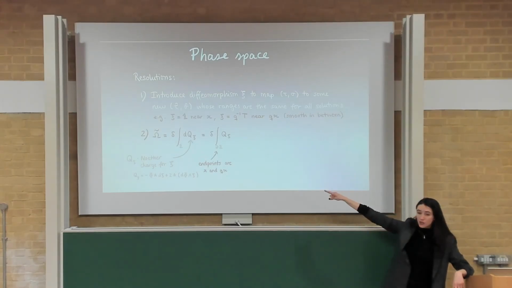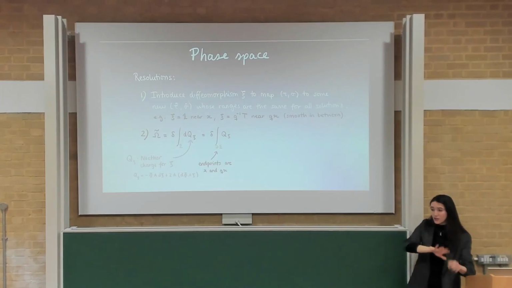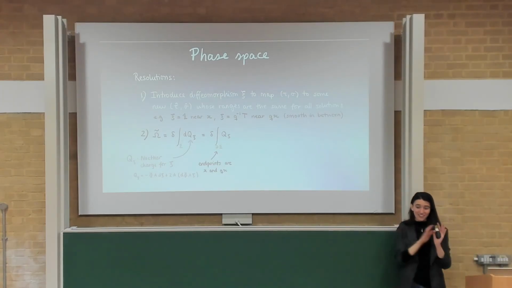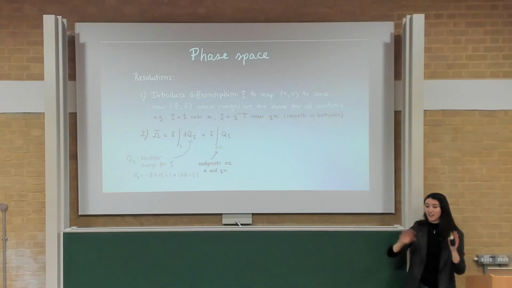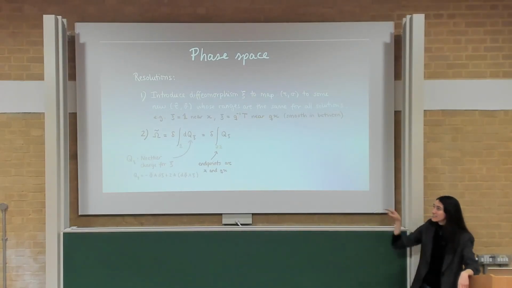That quantity QC is the Noether charge associated to this diffeomorphism C. And in particular, because it acts like the identity on the left boundary of our integration domain and non-trivially on the other side, this dq is locally exact, but not globally.